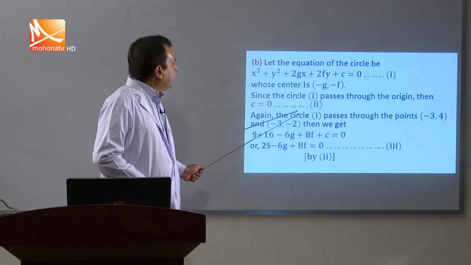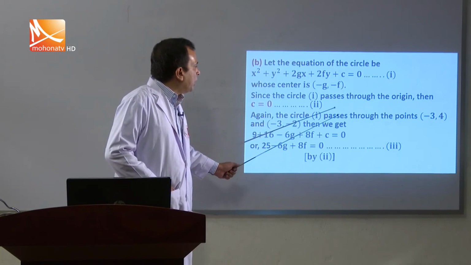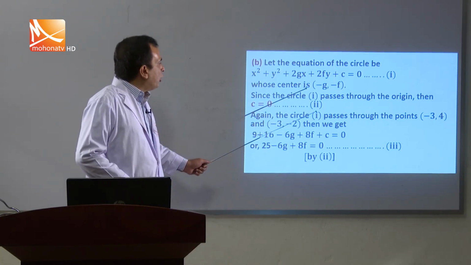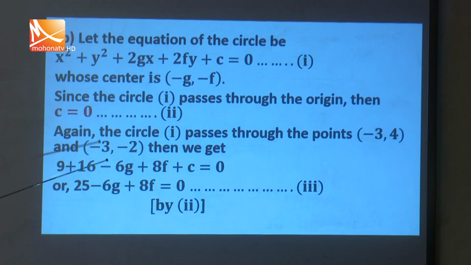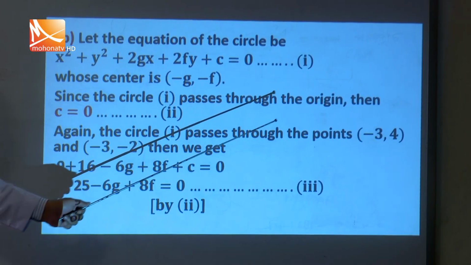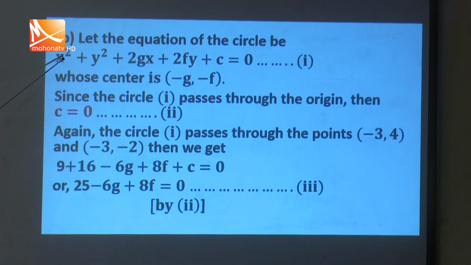Again, if the circle 1 passes through the points (minus 3, 4) and (minus 3, minus 2), then for the first point (minus 3, 4), it will be minus 3 whole square, this is 9, 4 square, this is 16, plus 2 into g into minus 3, it will be minus 6g, plus 2 into f into 4, it will be 8f, plus c equals to 0.